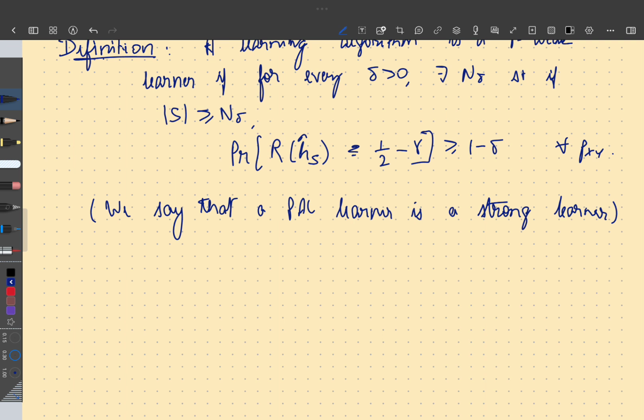So we'll assume that somebody gives you a weak learner, and there's a computationally efficient way of getting this weak learner. If we are guaranteed this, then is it also possible to derive a strong learner computationally efficiently?